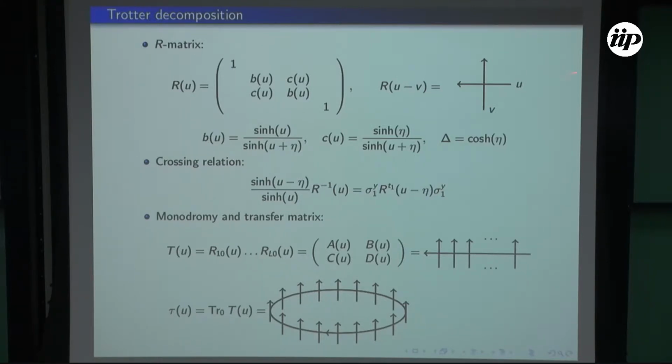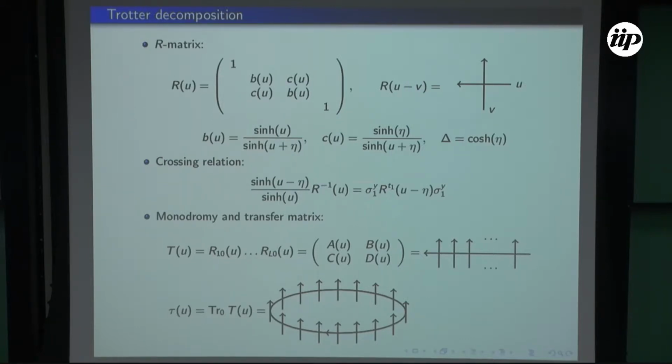I can depict it like this. Here I define the matrix elements, and I again wrote down the relation between delta and eta. I should have mentioned that our computation works for any delta or any eta. So we don't restrict ourselves to any particular delta.